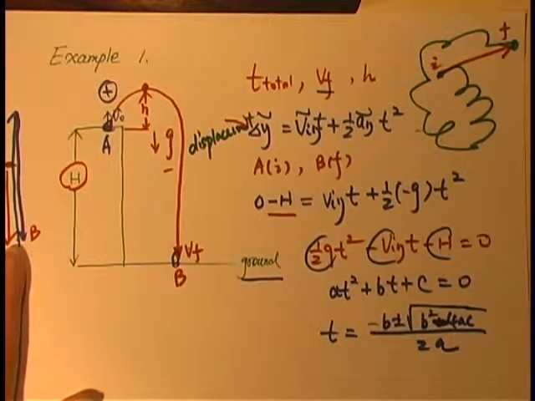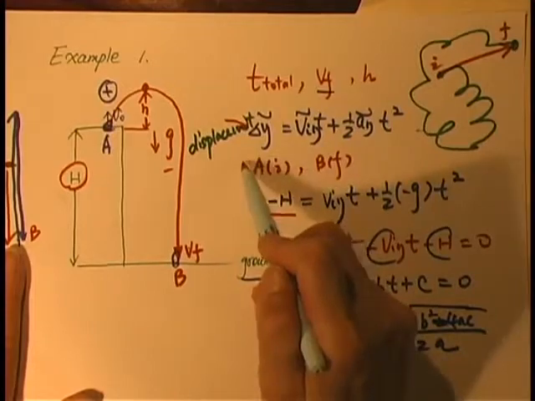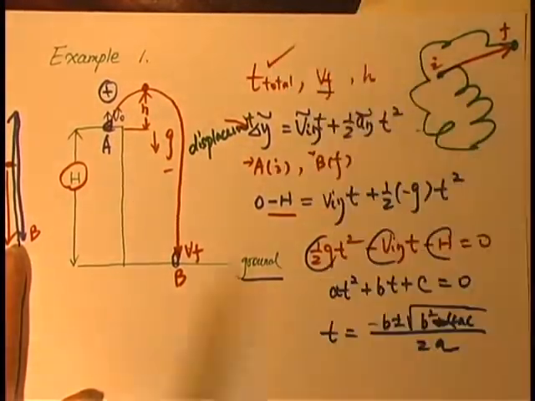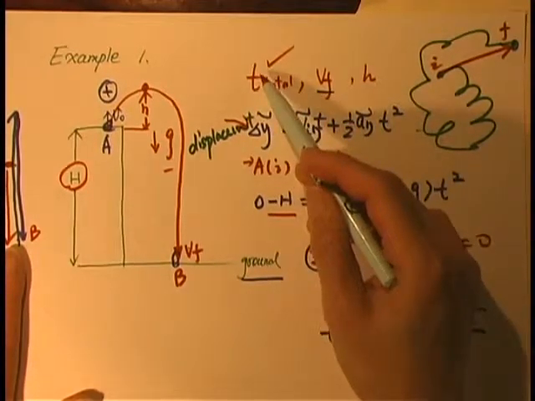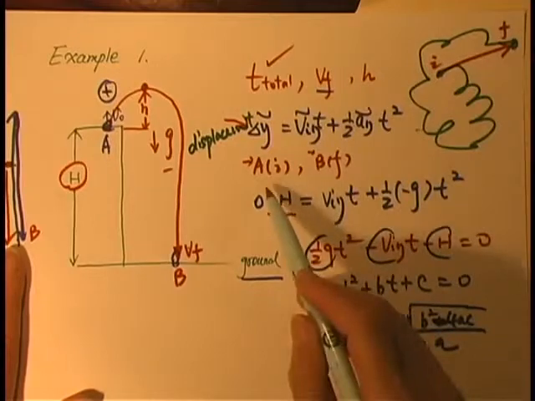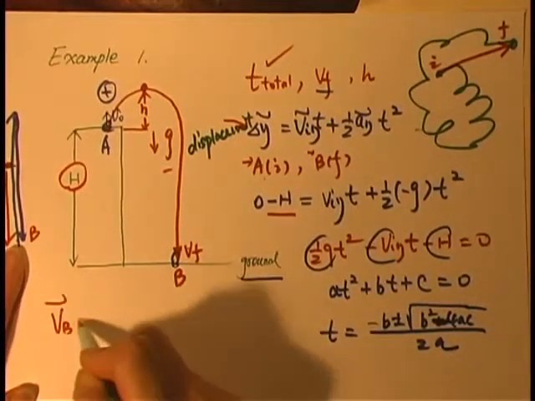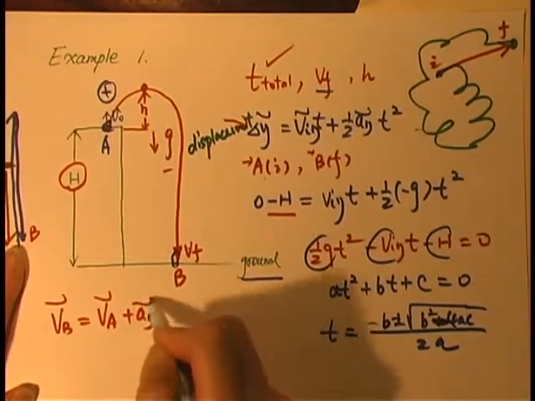So from this equation, in one step we can solve the total time t, from A's initial to B's final, from here to here. How do we solve V final? Well, if we know the total time, with initial here and final there, then we say final velocity equals VA, the initial velocity, plus AT.